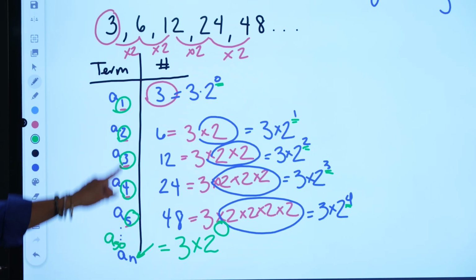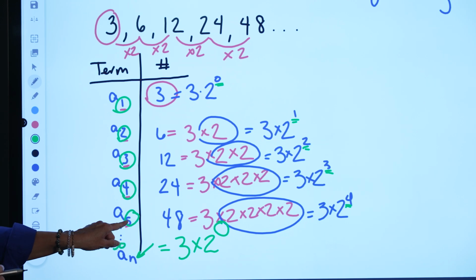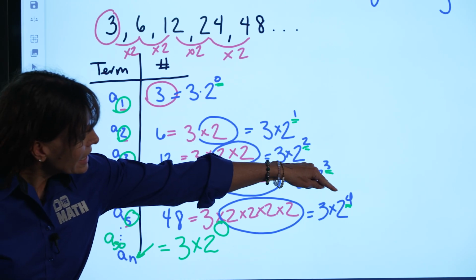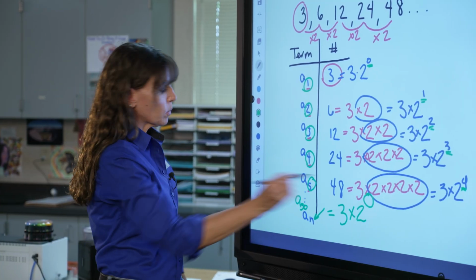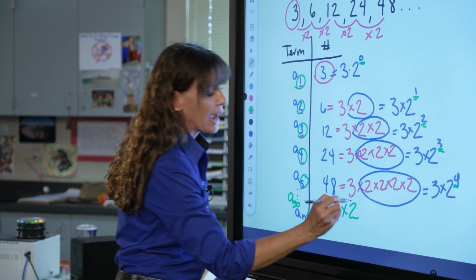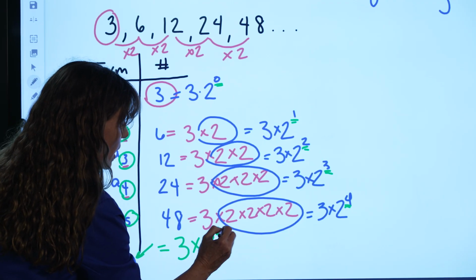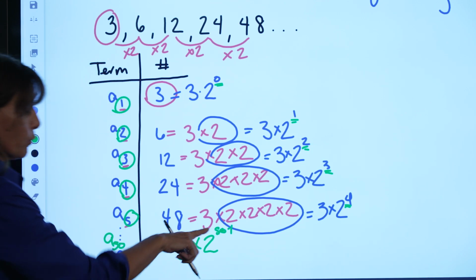Well, if we look at our pattern here, we've noticed that every single time our term number is subtracted by 1 in order to give us our power. So what we're going to have here is our value of 50 minus 1, or 49.